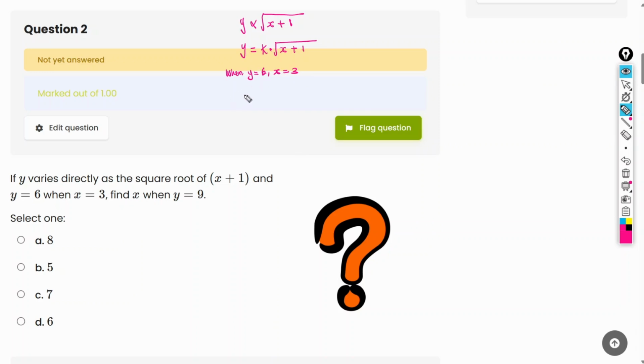We'll have 6 is equal to k times the square root of 3 plus 1. Substituting in, 6 is equal to k root 4, so 6 is equal to 2k. That means that k is equal to 3.